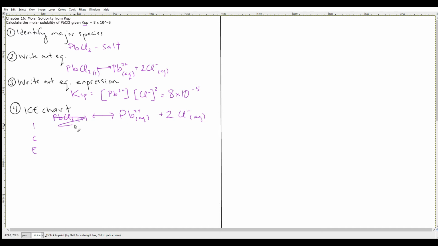Remember though, we don't include solids, so whoop, that's gone. And I know that I started off with that solid and I did not have any of the ions yet, so these guys are at 0, which tells me, okay, that gets added.